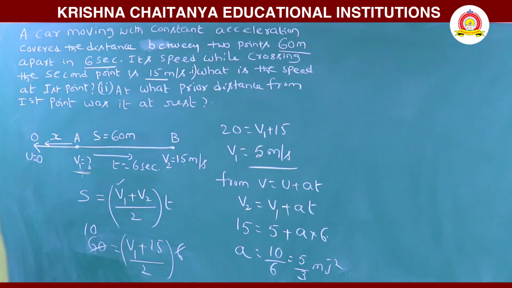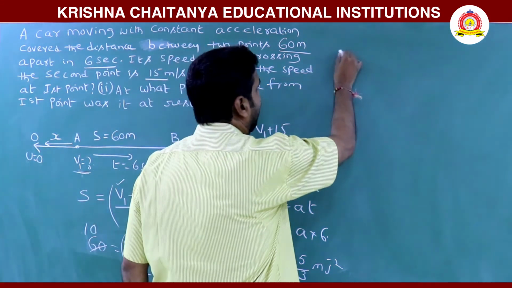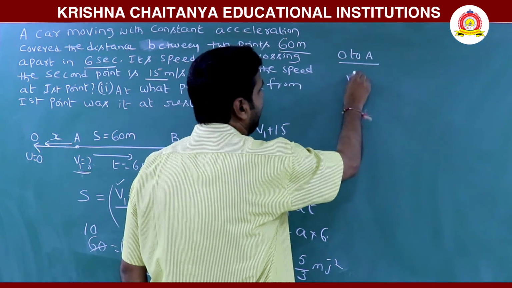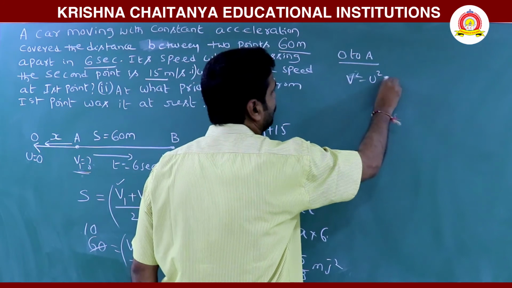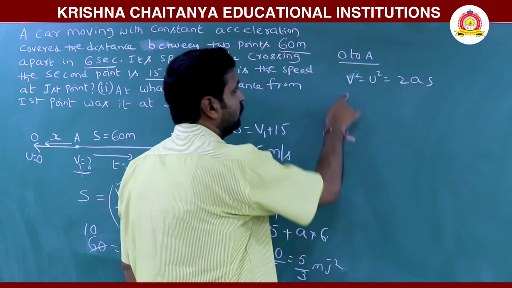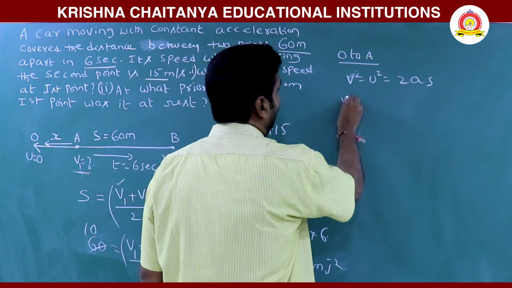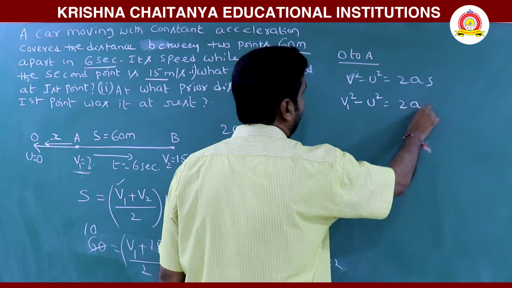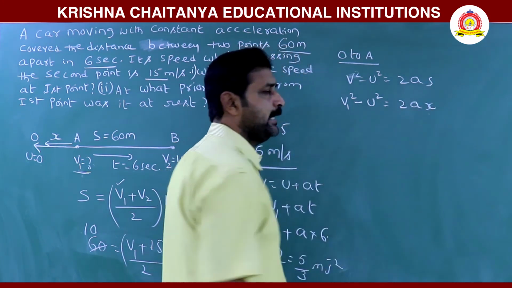Now for O to A, according to v square minus u square is equal to 2as. For O to A, v is v1, squared, u squared, 2a, distance is taken as x.